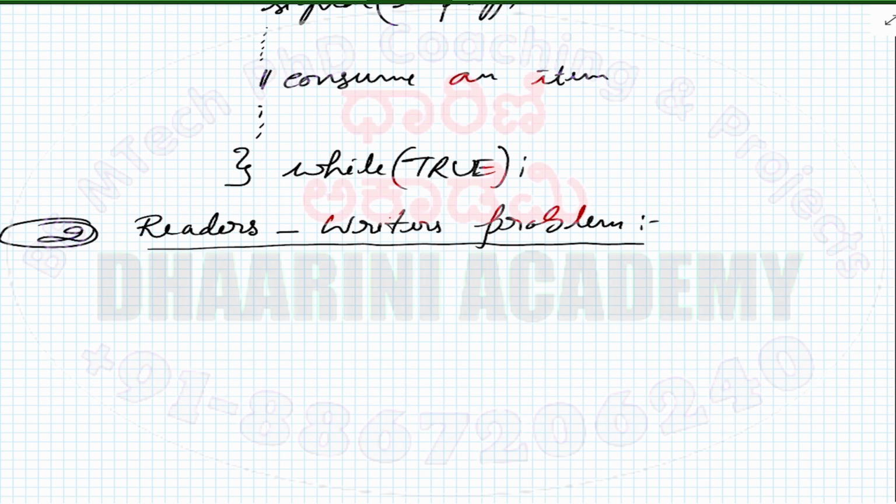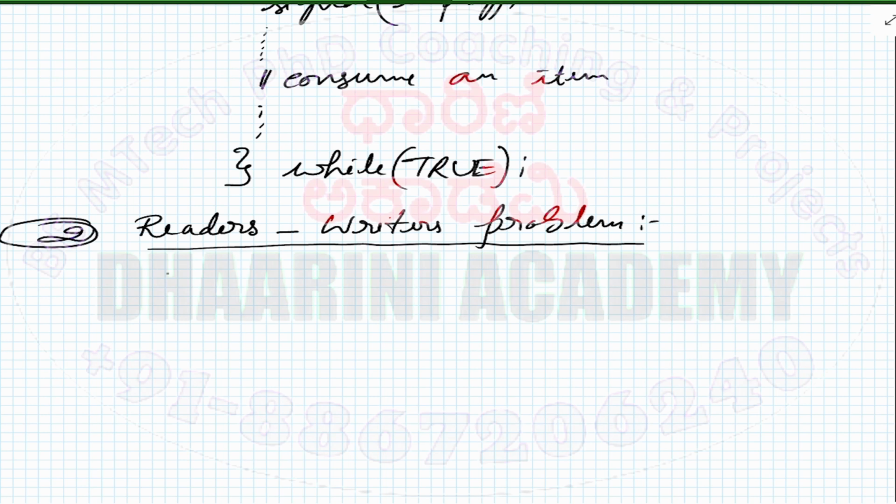Some of the processes just want to read the database, and some other processes may want to update, in the sense read as well as write. So two things you have. Now, in order to distinguish the types of processes referring to a database, we'll call some just readers and some others writers.